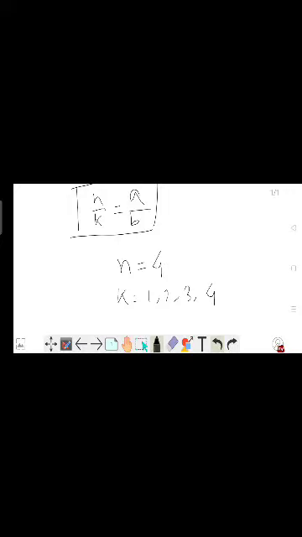When n equals k, the shape of the orbit is circular.